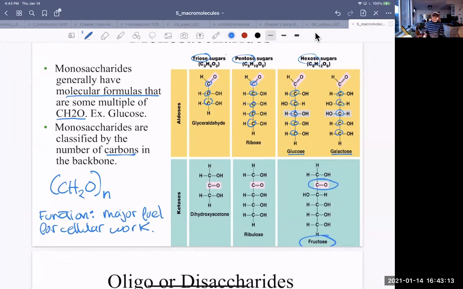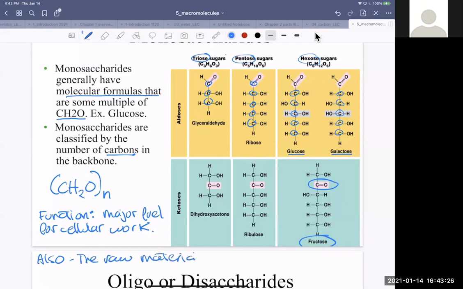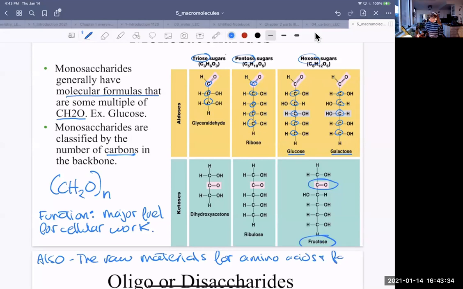And they are the raw material for other molecules like amino acids and fatty acids, the ones that we synthesize. We don't synthesize all the amino acids. And the fatty acids, also the ones that we synthesize, we don't synthesize them all.